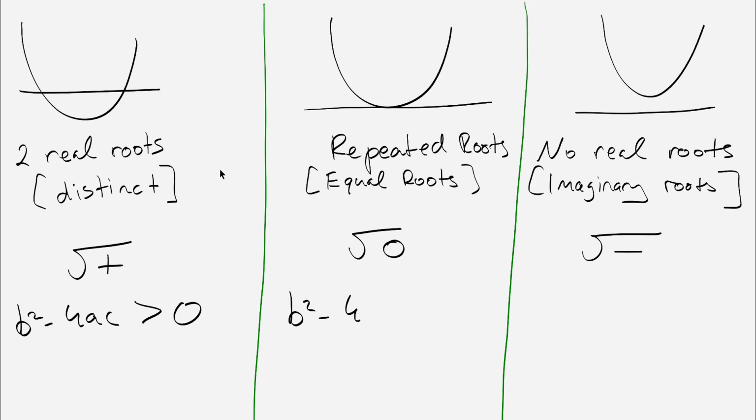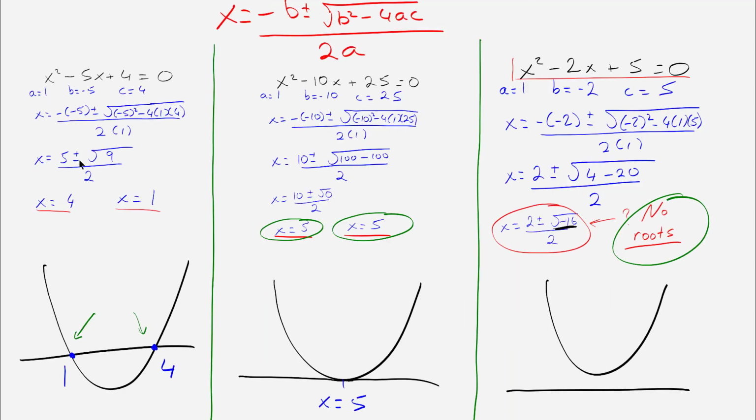If b squared minus 4ac equals 0, then you're going to have repeated roots. And if b squared minus 4ac was negative, in other words, less than 0, then you have your imaginary roots. And as you can see, we had an example of each right here.